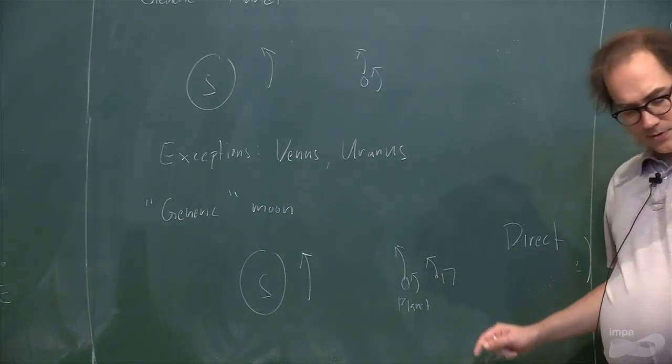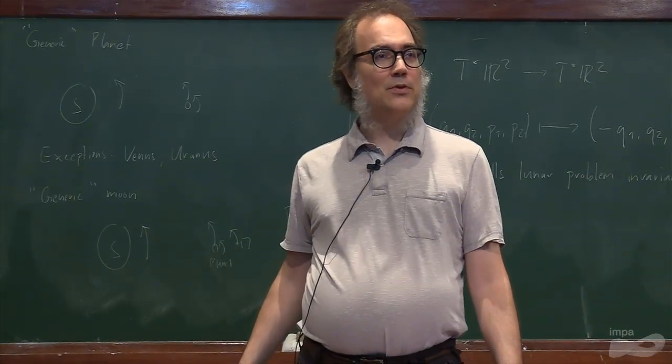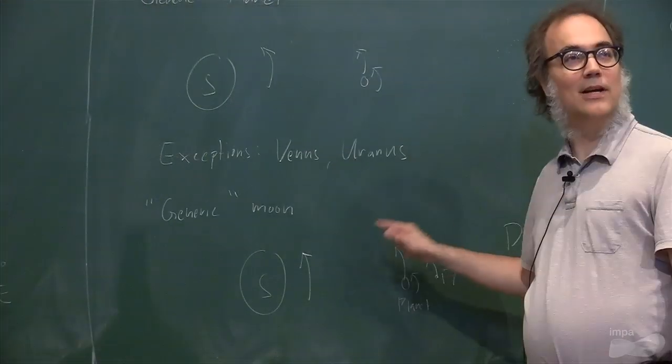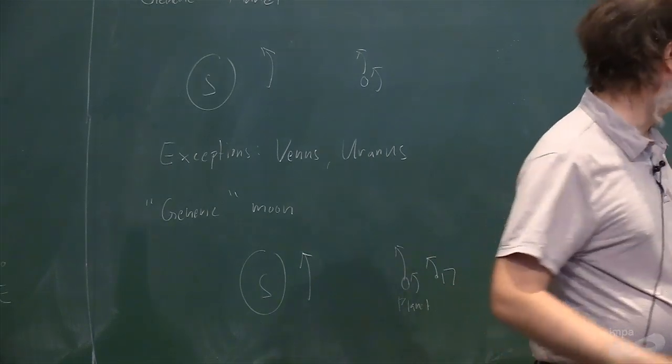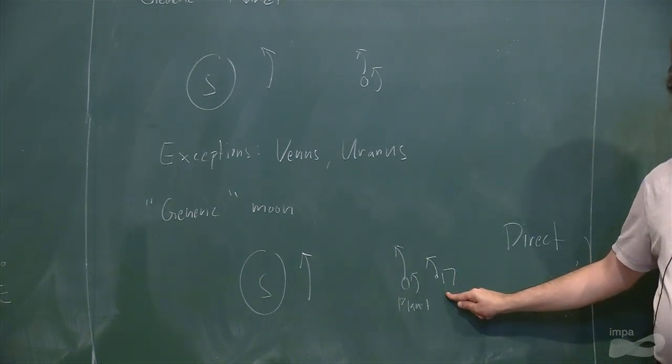There are some exceptions. So probably the most interesting exception is Triton, the moon of Neptune. So Triton is moving the other way around. But for example, our moon does like this.